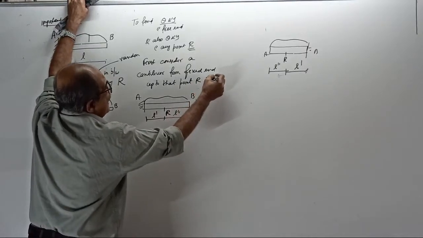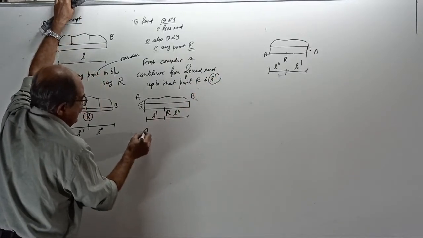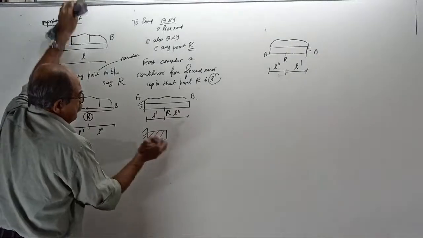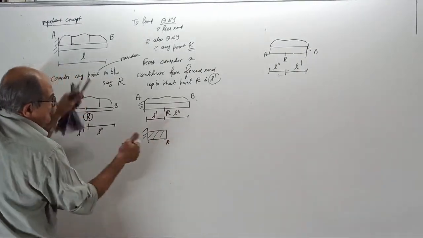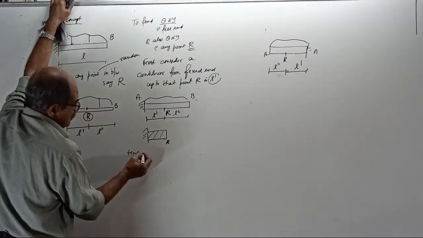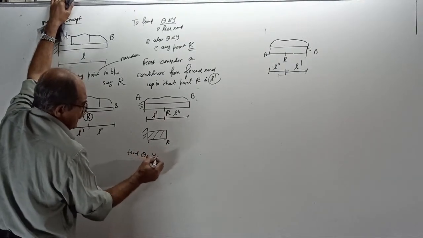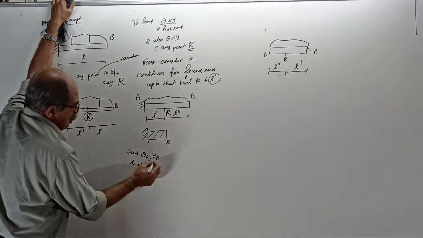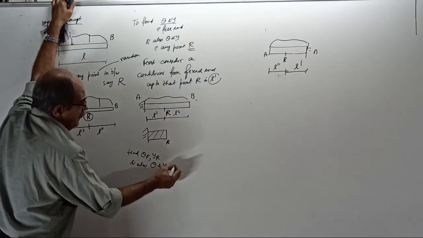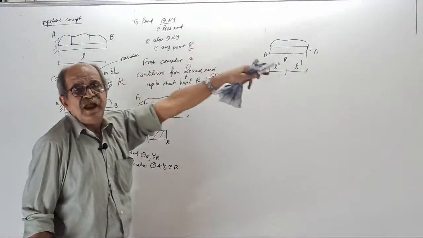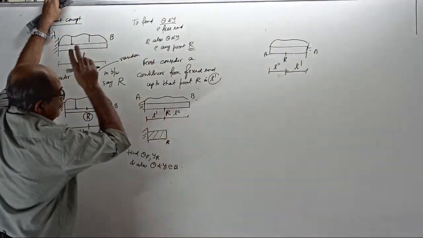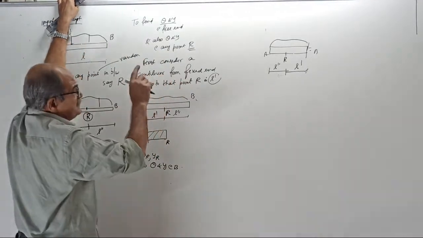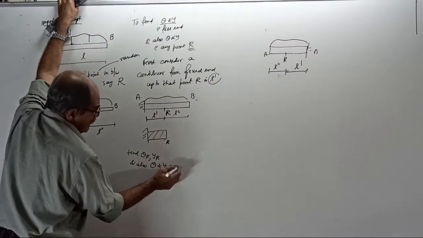Consider the cantilever up to here. Now find the slope at R and the deflection at R, and also the slope and deflection at B if required. If the question is only to find R, that's all. But if the question requires slope and deflection at the free end, only then find it, at the free end, not at B.